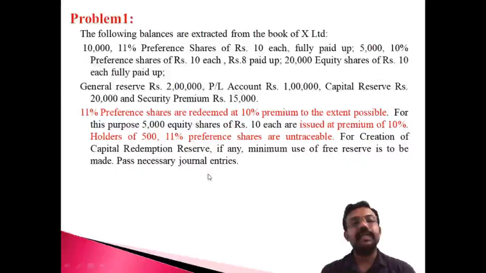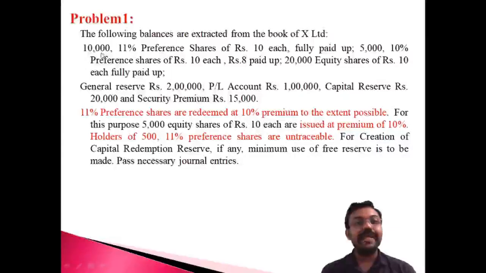For the creation of the capital redemption reserve, if any, minimum use of the free reserve is to be made. Pass the necessary journal entries. That's the question. Here the capital structure has 10,000 11% preference shares of rupees 10 each fully paid, 5,000 10% preference shares of rupees 10 each, rupees 8 paid up, and 20,000 equity shares. So there are two classes of preference shares, the 11% and the 10%, which is a complication.